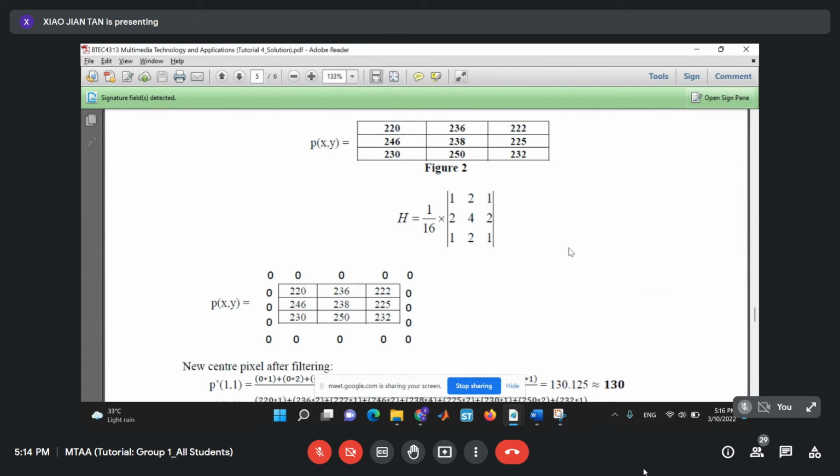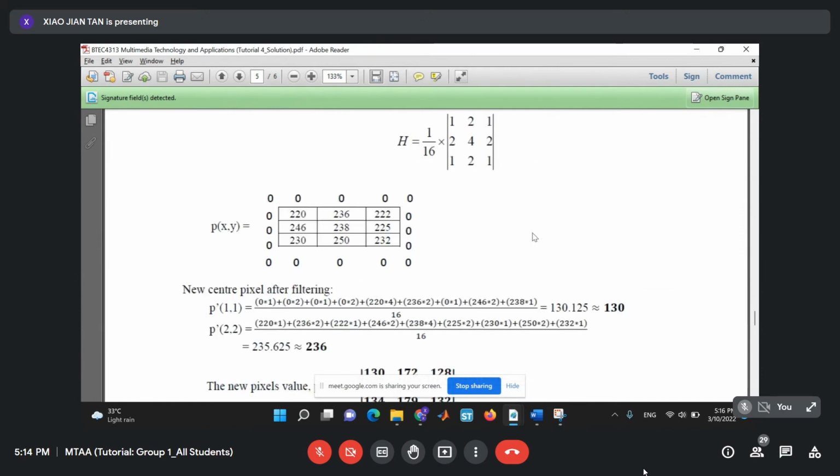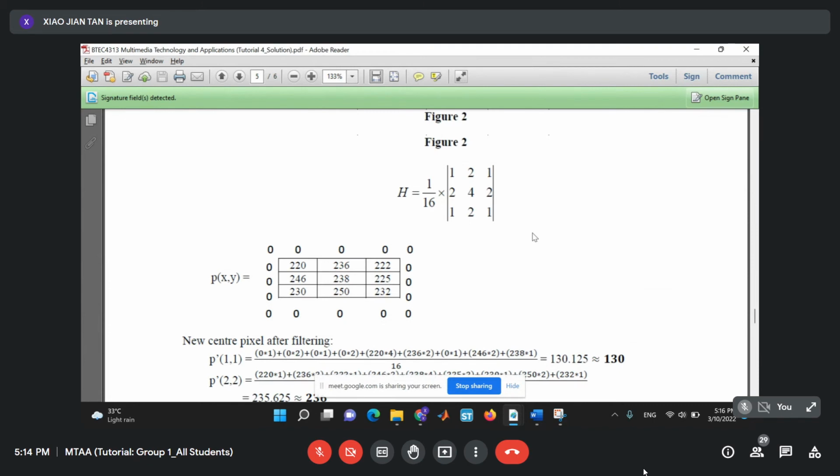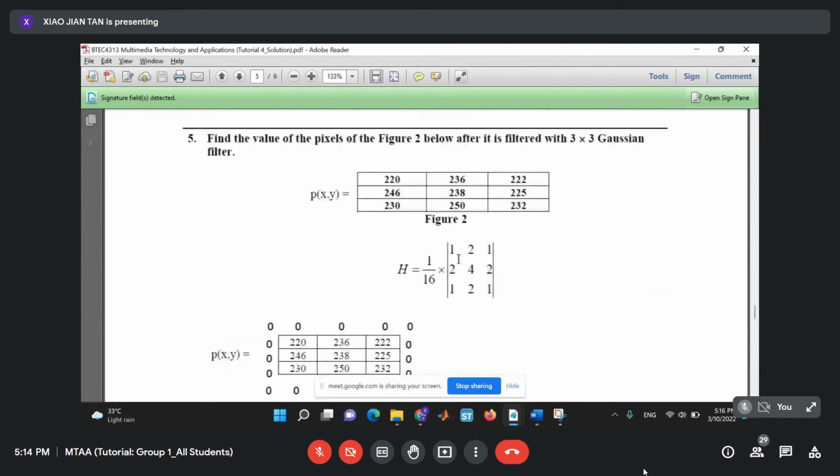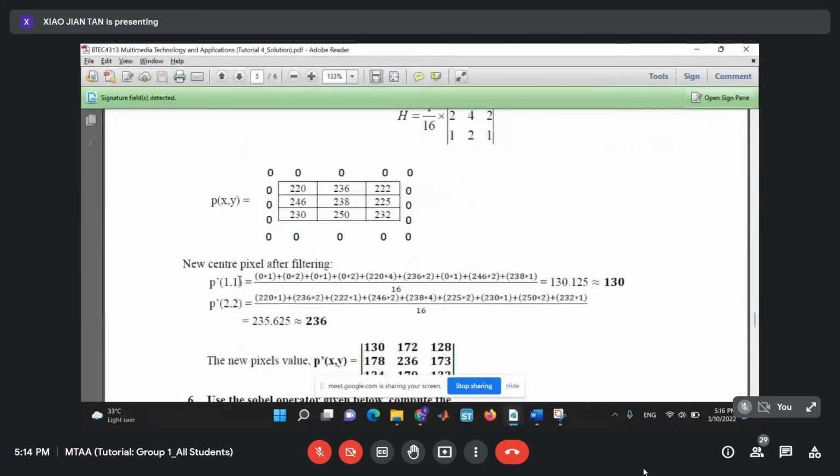Basically you place the center of the filter at the first pixel, and then so on and so forth. I just give two examples here, (1,1), which is the first one, and (2,2), which is this one.